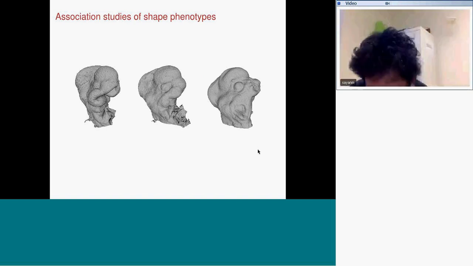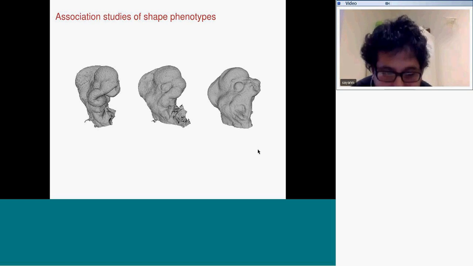One of the things that's motivating me in doing this is that I want to do classical statistical genetics and quantitative genetics on traits that are shapes. So I want to answer questions like: I give you a bunch of bones, how much of the variation is heritable and how much of it is environmental? Or if I give you a bunch of, for example, these brains, development in a fish, in stickleback.